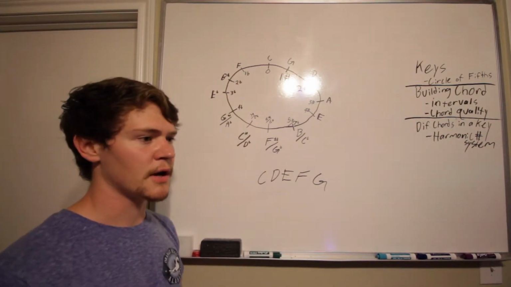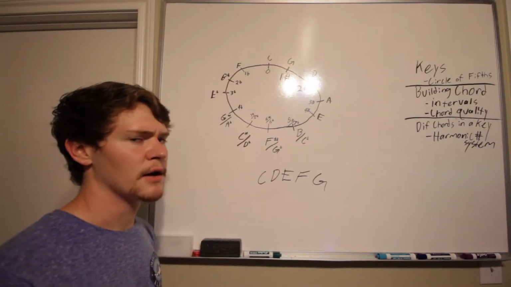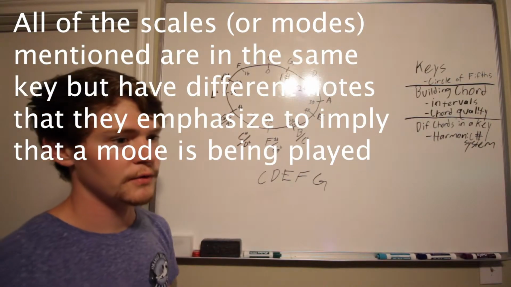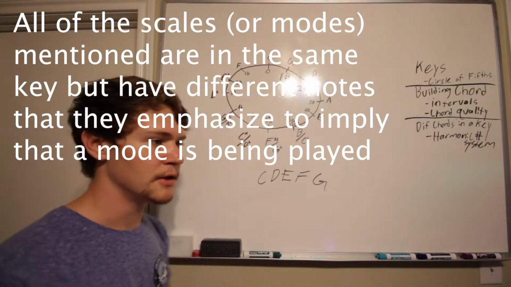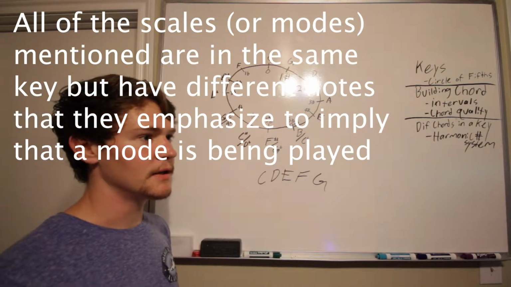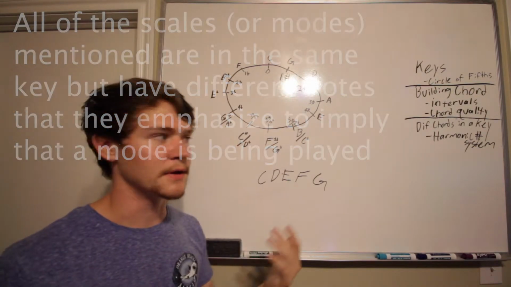Keys are kind of hard to get, because you may have heard of the key of C major, the key of A minor, the key of D Dorian. There are different keys, but the key doesn't necessarily have a specific name.